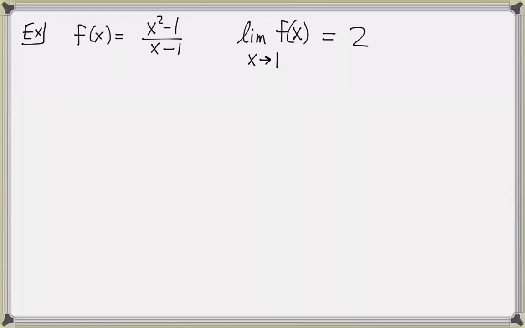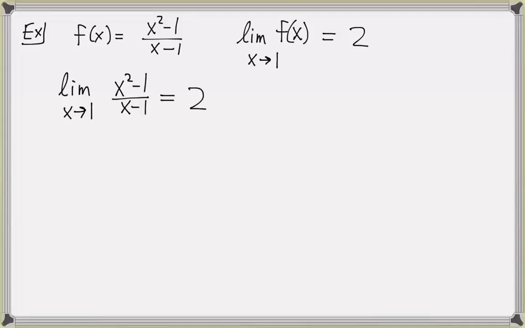Or you could write this with the definition of the function as the limit of x squared minus 1 over x minus 1 as x approaches 1 equals 2.